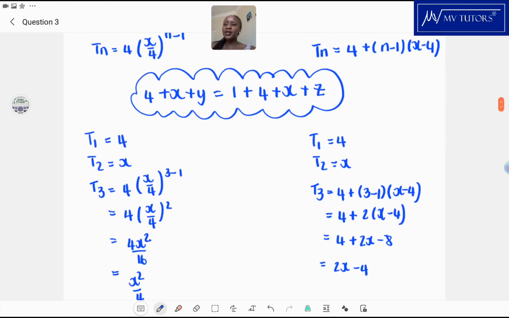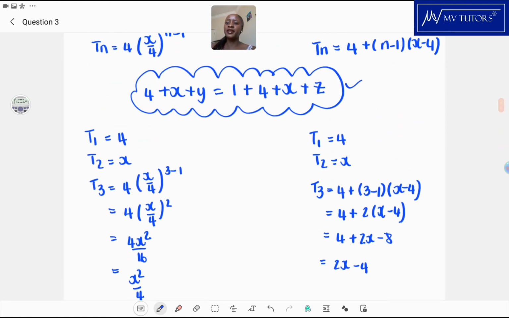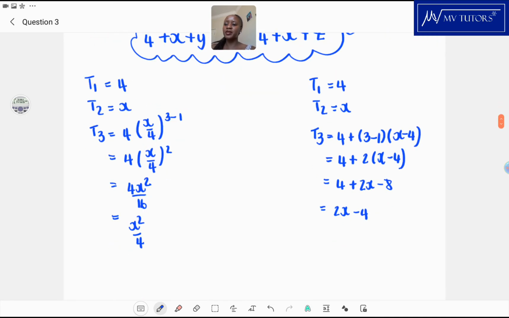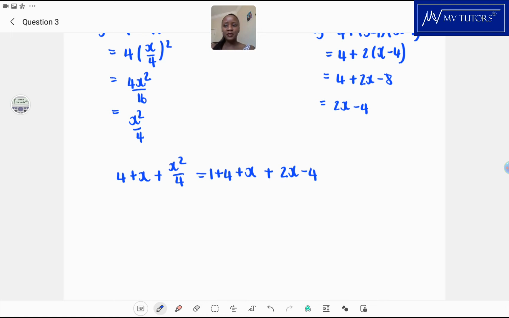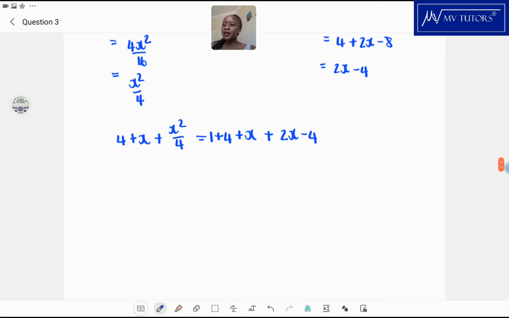Now I can use this formula over here. So I have 4 plus x plus x squared over 4 is equal to 1 plus 4 plus x plus 2x minus 4. Now we simplify.